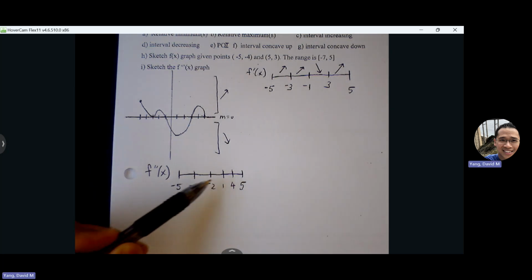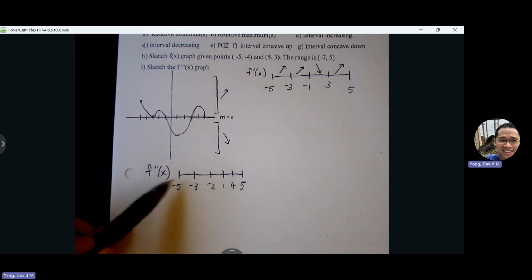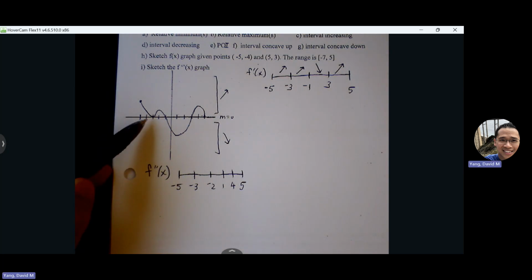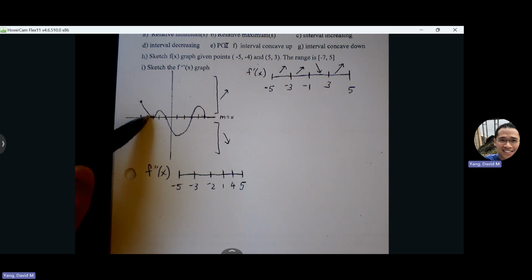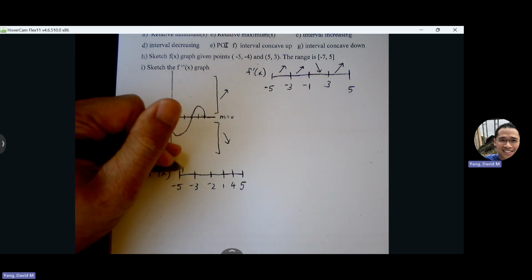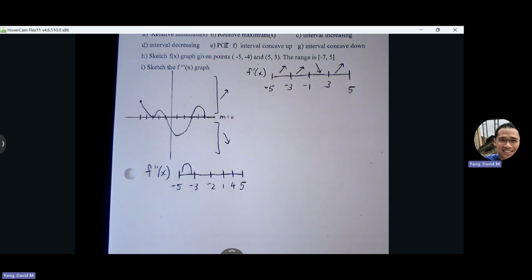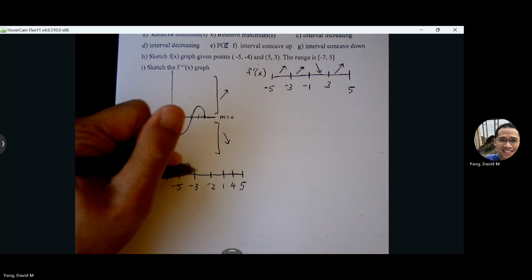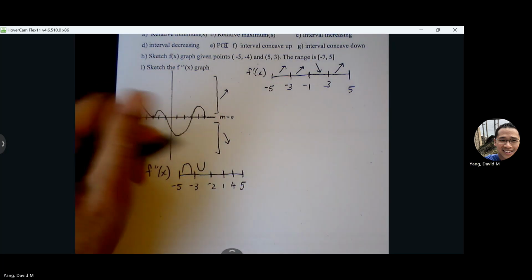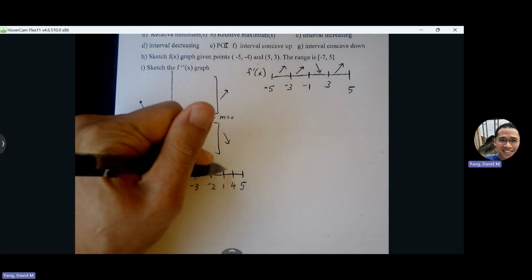And then to determine your concave up, concave down off of your f prime graph, look at the slope. So if my f prime is indicating a negative slope, I know my original graph is going to be displaying concave down. Positive slope means concave up. It's going to keep alternating.